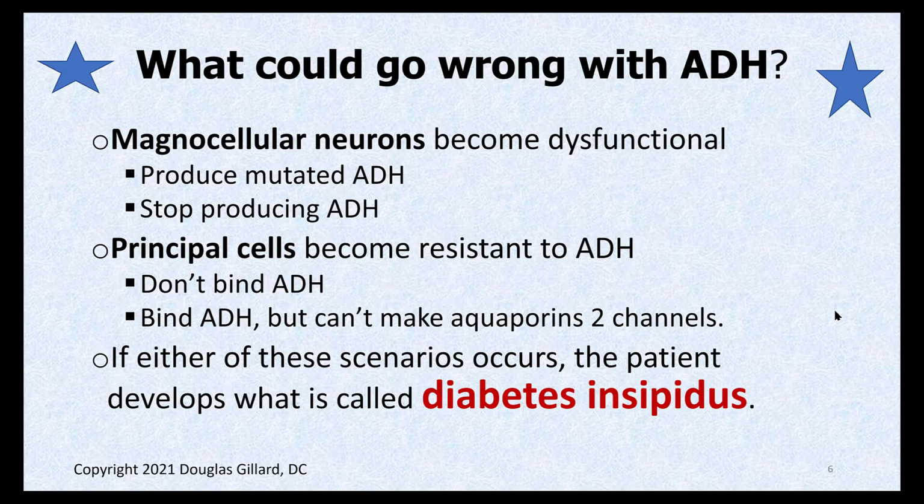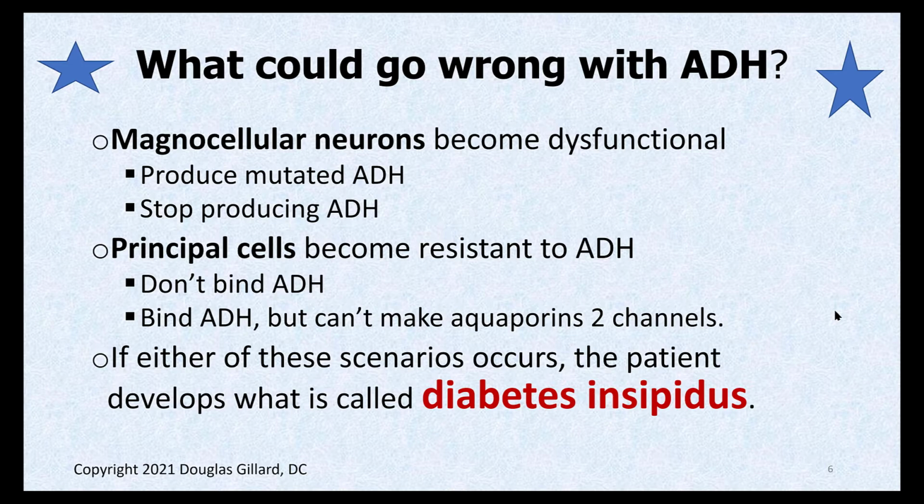What could go wrong with ADH? Well, as I said, magnocellular neurons may become dysfunctional. Maybe they've become mutated somehow. Maybe there is a cancer growing in the hypothalamus that's mutating the supraoptic nuclei, or maybe they just get inflamed and quit producing ADH. So it could be a problem with magnocellular neurons.